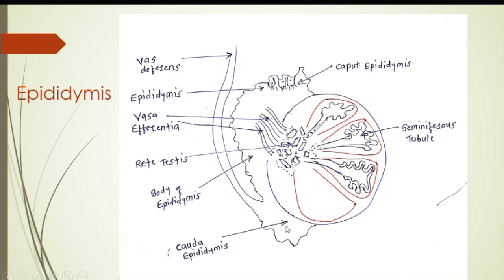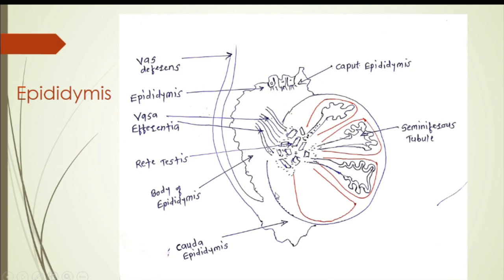And the lowermost part is called the cauda epididymis. In this way the epididymis is divided into three regions: caput epididymis, corpus or body of the epididymis, and the lowermost one, the cauda epididymis. This epididymis appears like the English letter C, a C-shaped structure.